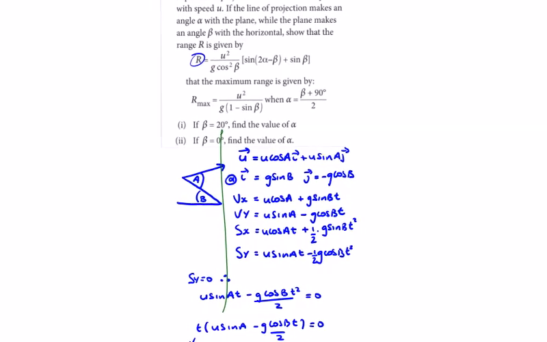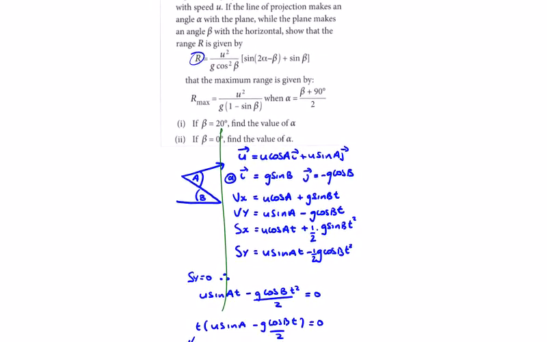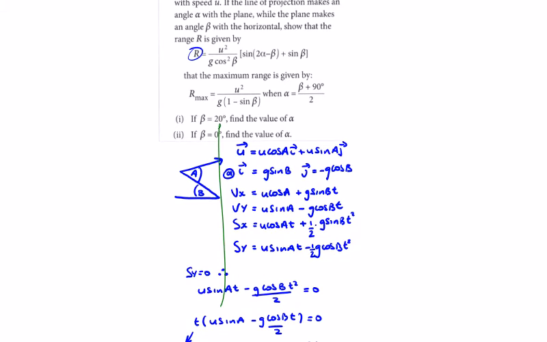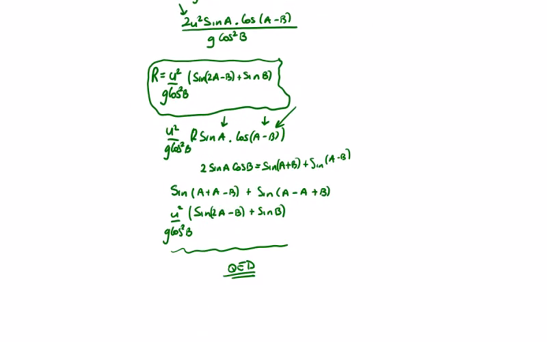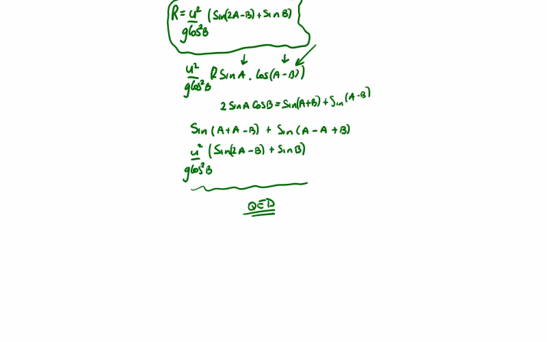The maximum range. So we show that the range R is given by, and then the max range is given by this expression: u squared over g times 1 minus sin beta, when alpha is equal to beta plus 90 over 2. Well, for this to be a max, the sine of 2a minus b would have to be equal to 1. So therefore 2a minus b would have to be equal to 90 degrees, because the sine of 90 is equal to 1. So 2a would be equal to 90 plus b.